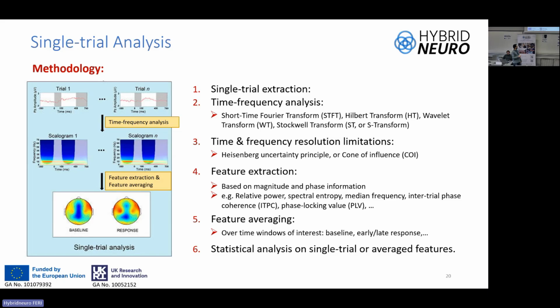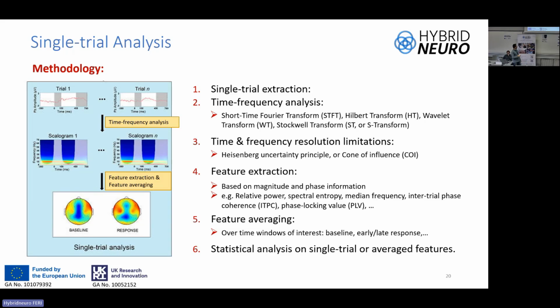So, for example, with the Wavelet transform, we must use the cone of influence, because as we are filtering the data, it's important to take into account the window of this filter, because if not, you can obtain wrong results.